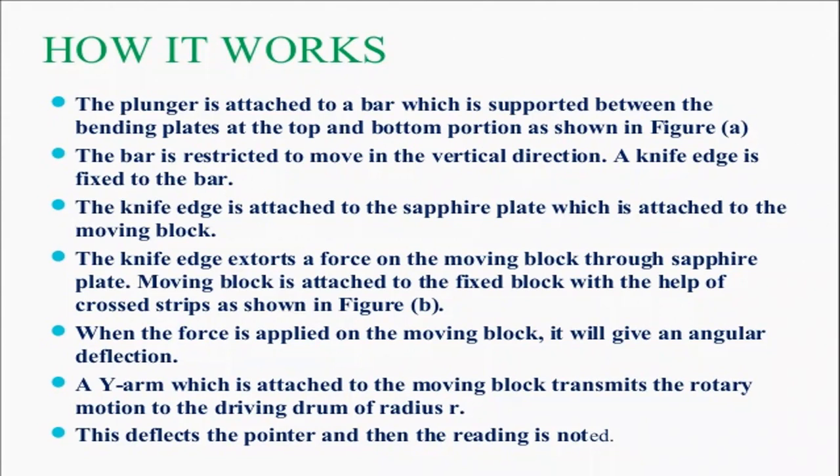And the knife edge is attached to the sapphire bearing block, that is the sapphire plate, which is attached to the moving block. When the knife edge exerts a force on the moving block through the sapphire plate, this moving block is attached to the fixed block with the help of the cross strip hinge.